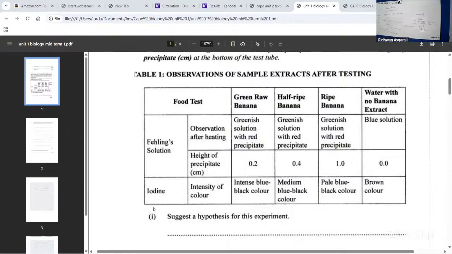Remember, the iodine test is for starch, right? So the iodine test indicates that raw banana or green banana would have the highest starch content, right?